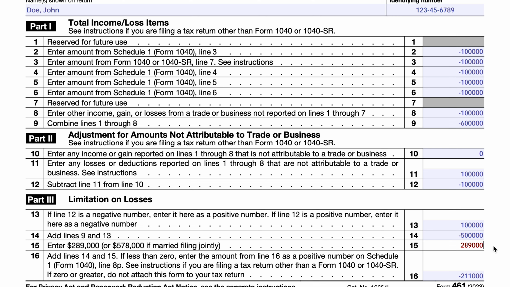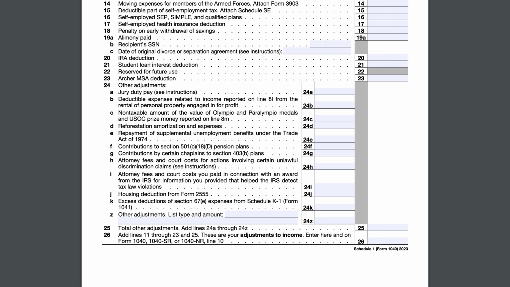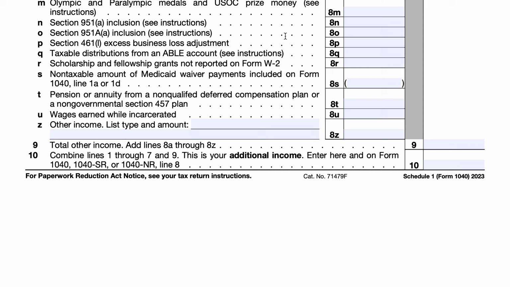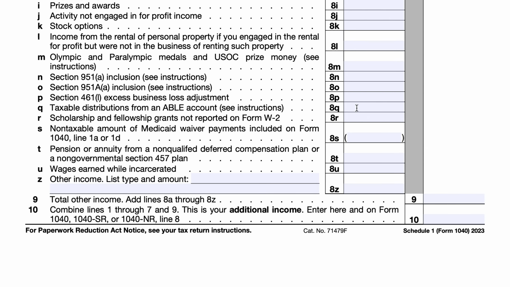So the first thing that he would do is enter this as a positive number on Schedule 1, line 8p, and this is going to be a positive number that he uses as an adjustment, and that would be $211,000 for a single taxpayer.